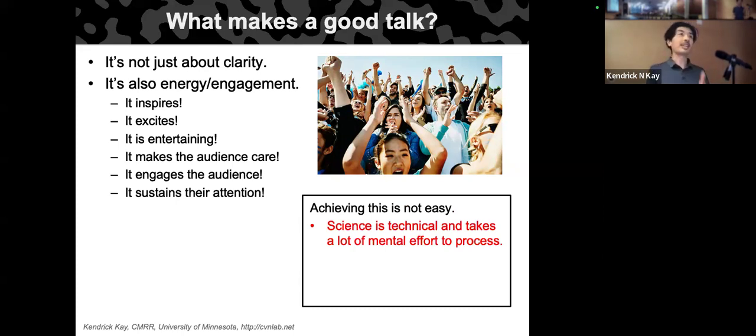I'm not giving you a scientific talk, I'm giving you a meta talk, but if I were to give you a scientific talk, it's taxing on your brain. You all have sat through 45-minute, hour-long talks. By 30 minutes in, you're just exhausted and you zone out. We all do this. I do this all the time. And therefore, it's extremely challenging for the speaker to sustain your attention.